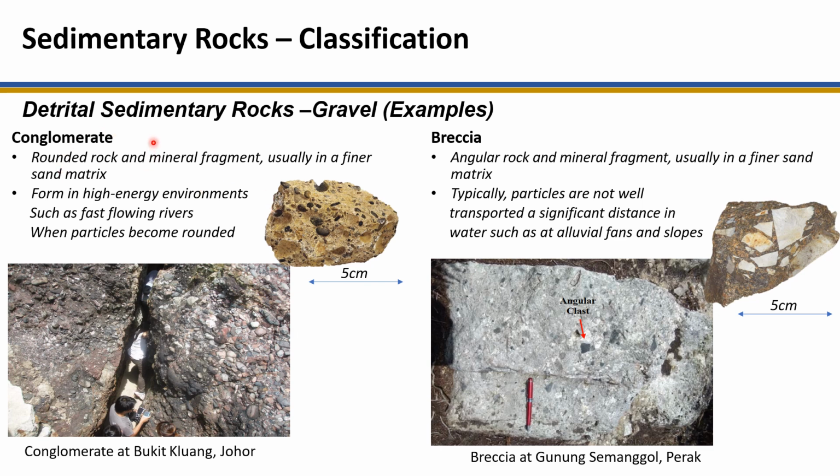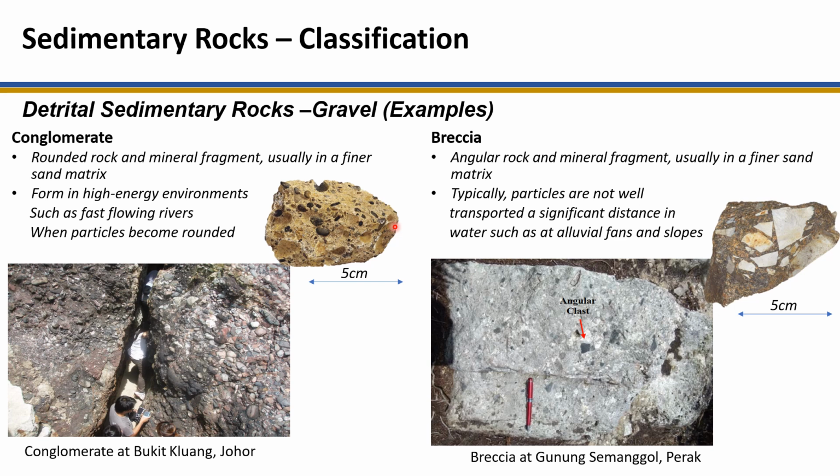Conglomerates are detrital sedimentary rocks that are made up of clasts in the form of rock and mineral fragments larger than 2 millimeters in diameter. It's very coarse. The clasts in conglomerates are typically rounded. This is the keyword, rounded, which means they have been worn smooth by the action of water or wind.